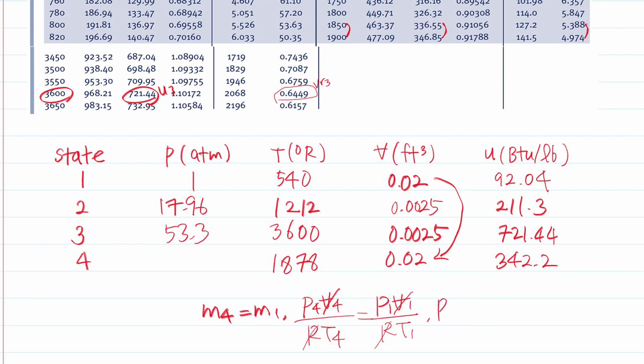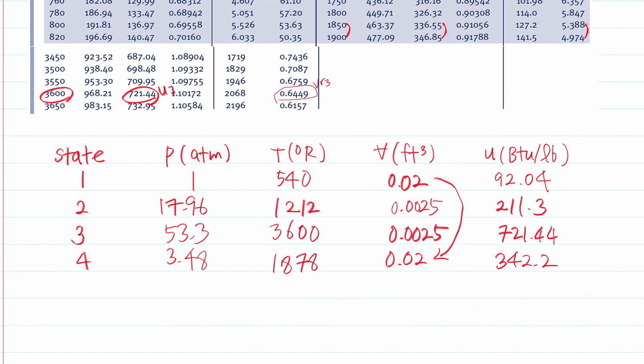So we can determine P4. So pressure is 3.48 atm. So we completed the tables.